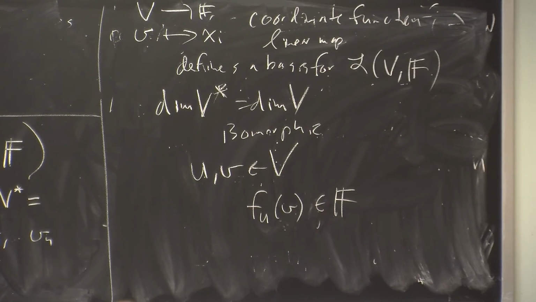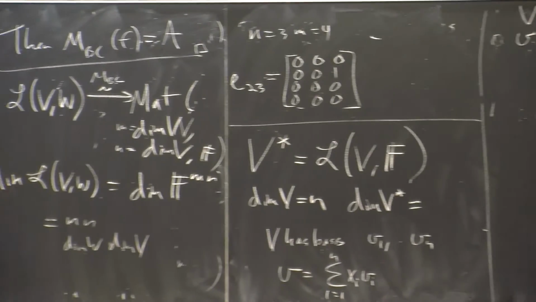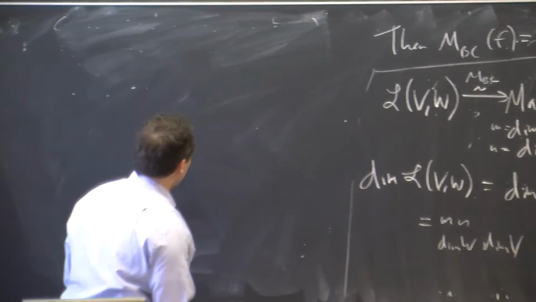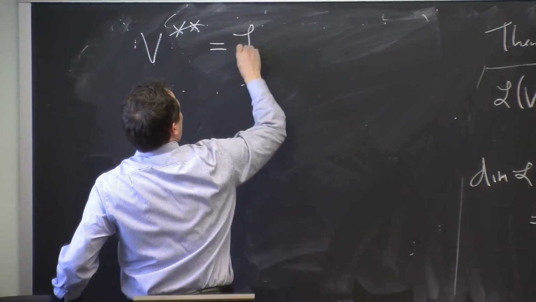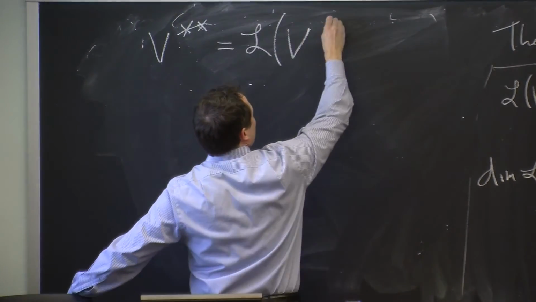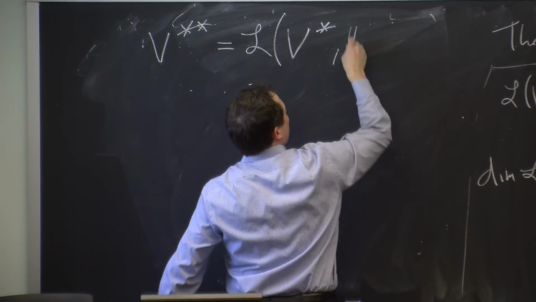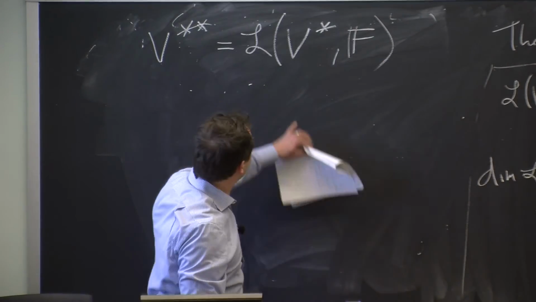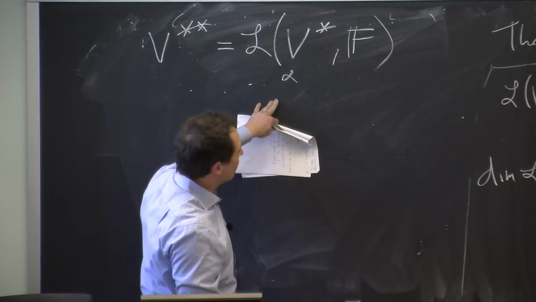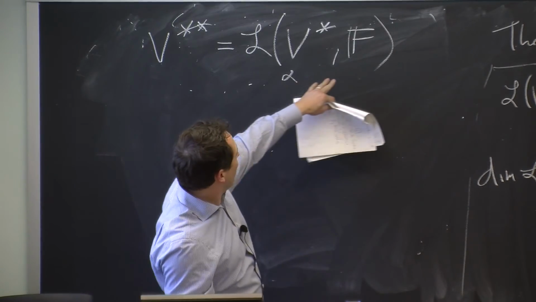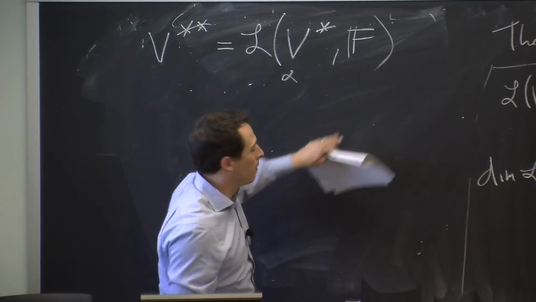However, if we go one more, we can get a natural isomorphism. That is, consider now the space V star star. That's the space of linear transformations from V star to the field. That is, it eats an element alpha, which is itself a function from the vector space to the field, and it spits out an element of the field.